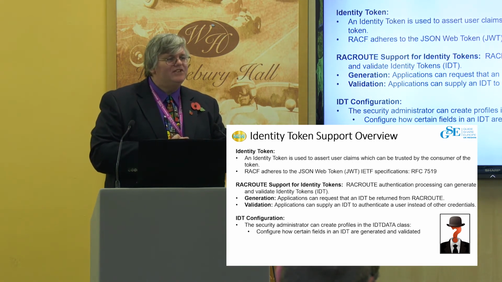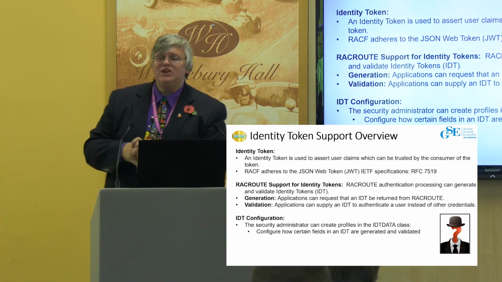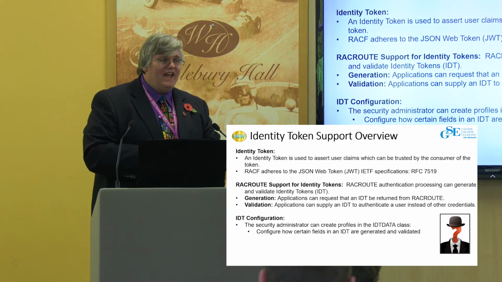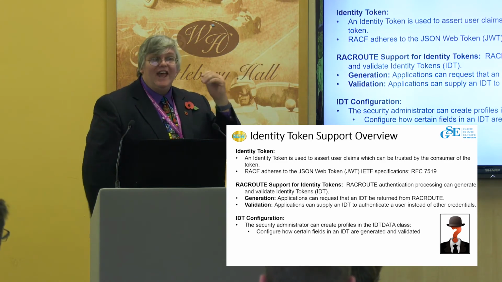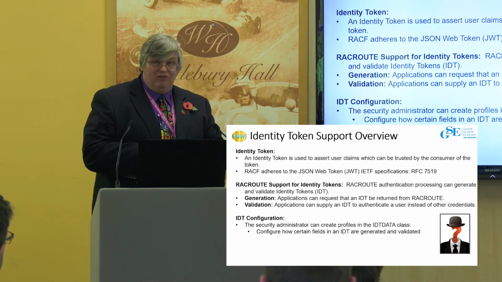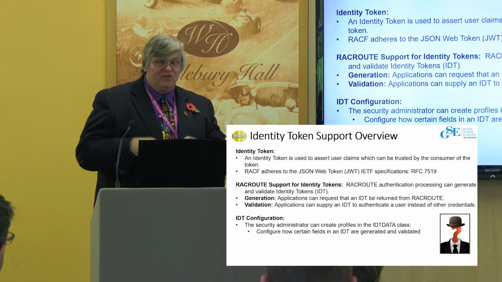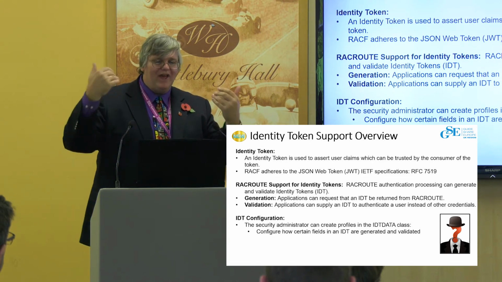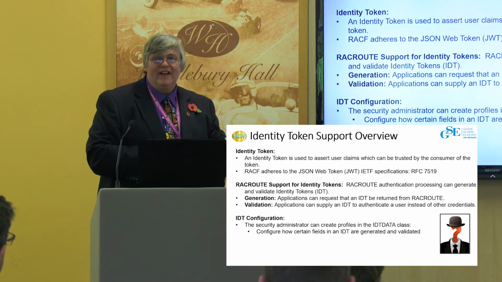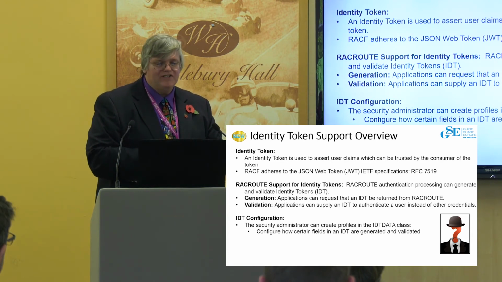The concept here is that if you want to create one of these JSON web tokens, all you have to do on your RACROUTE REQUEST=VERIFY is say, give me a JSON web token for this user. We'll build the ACE and return the JSON web token to you. So later on, if you want to do more work for that user, you can take that JSON web token and pass it back into us. Now, obviously, there are going to be some controls on that, and we'll explain a little bit how this mechanism works.